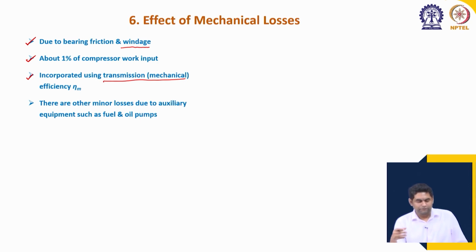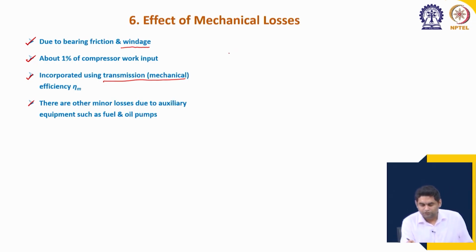So, there are minor losses in terms of the power required to run this auxiliary equipment also. We will quickly define this mechanical or transmission efficiency and see how it is related.